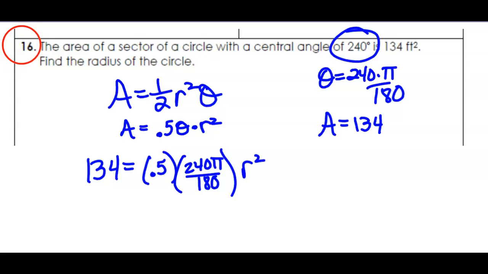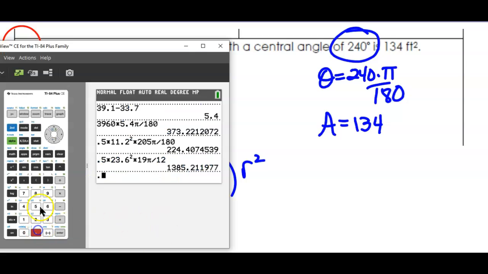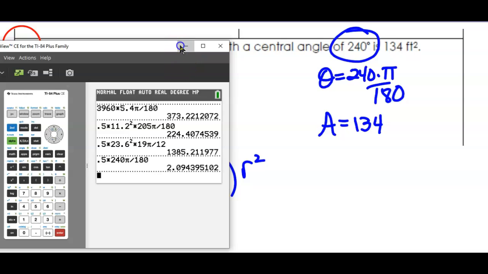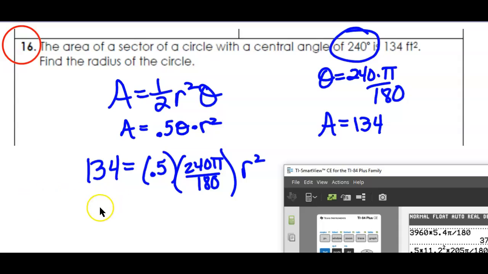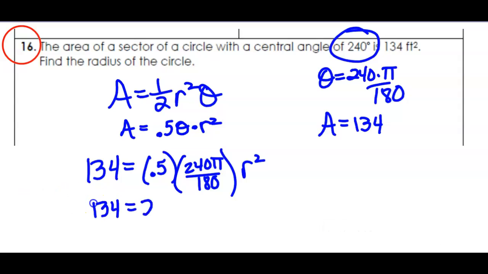We can go ahead and do this as a decimal. It's not going to help us much either way. So it's 0.5 times 240 times pi divided by 180. So I have 2.094 over here. So it's 134 equals 2.094 r squared.